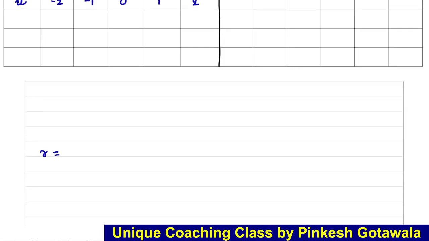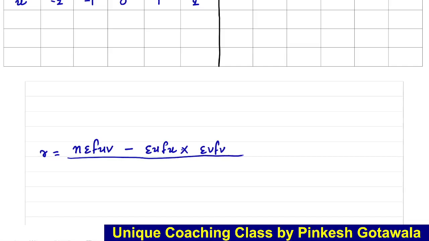It is n sigma fuv, then instead of only sigma u, now it becomes sigma ufu, and instead of only sigma v, it becomes sigma vfv. This is the formula now. I explained in detail in a previous video how to prepare it. As I told at the start of this video, if you forgot, watch the previous video first and then start; it will be easier.